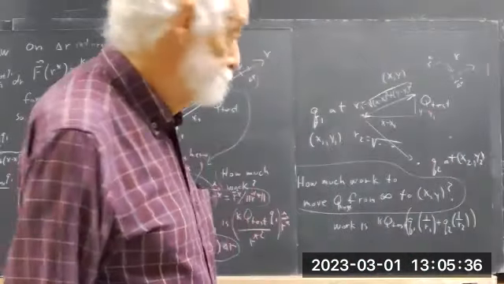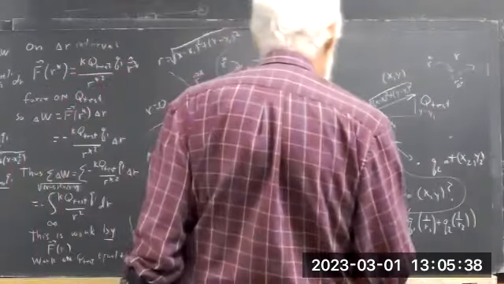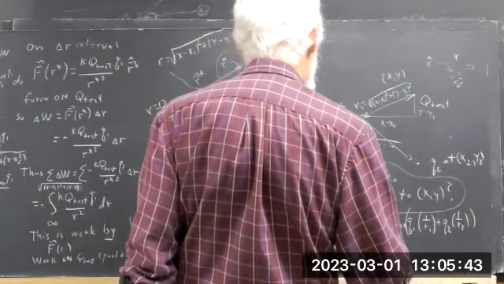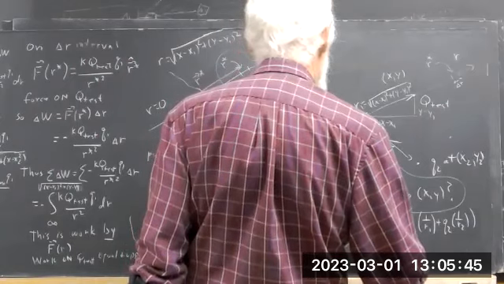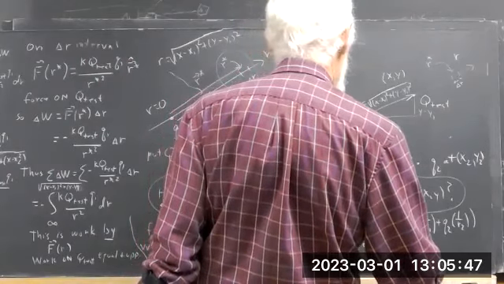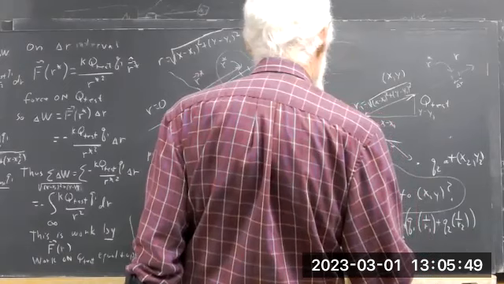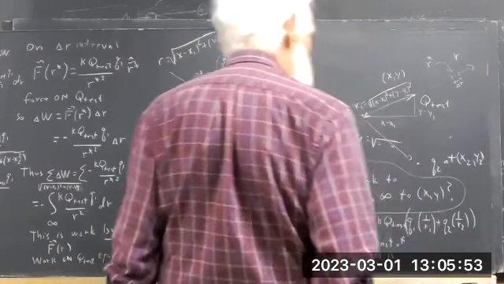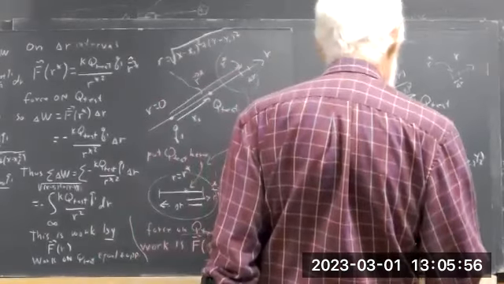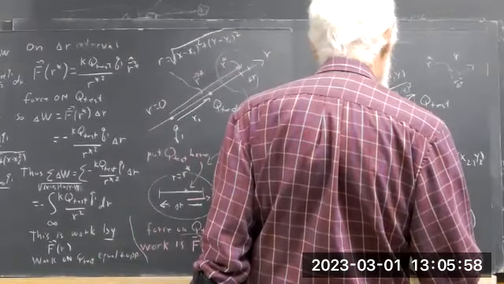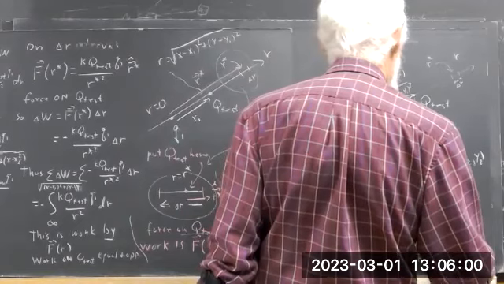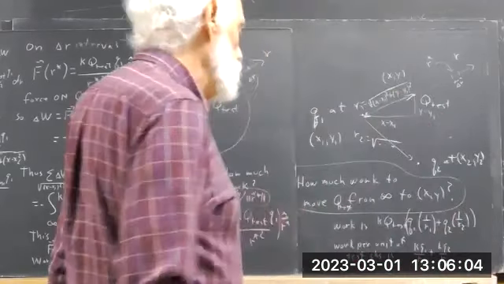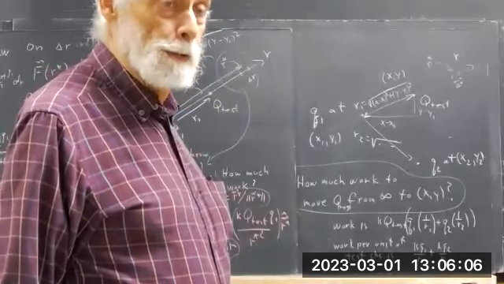Work per unit of test charge is K Q1 over R1 plus K Q2 over R2.